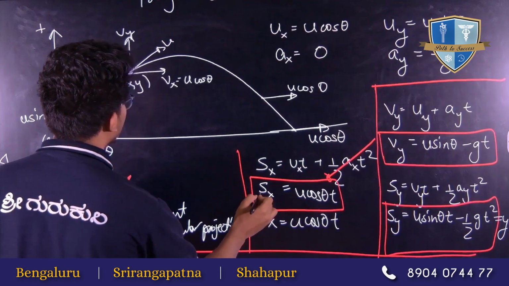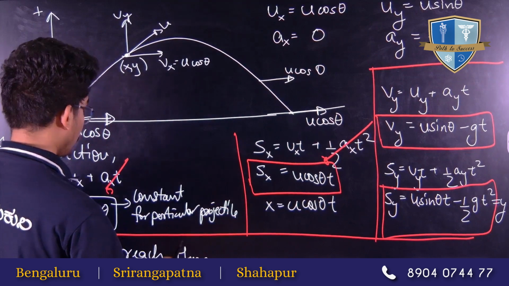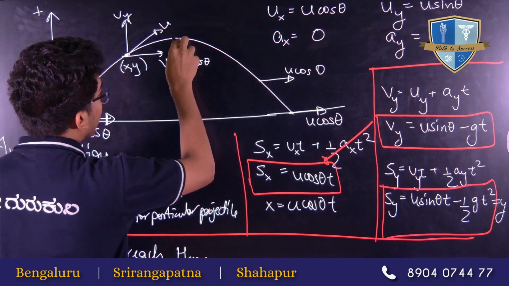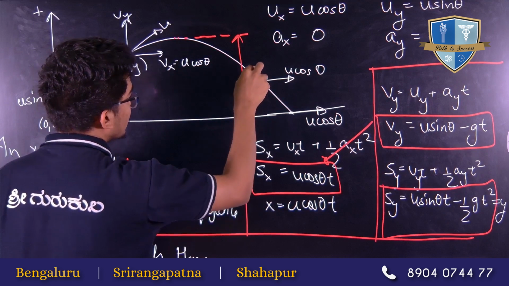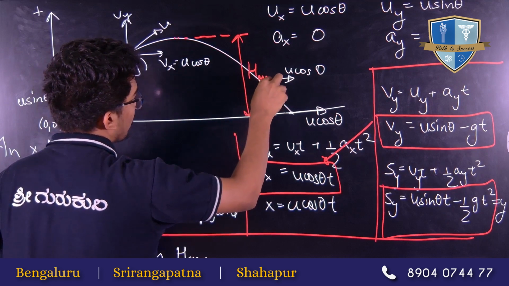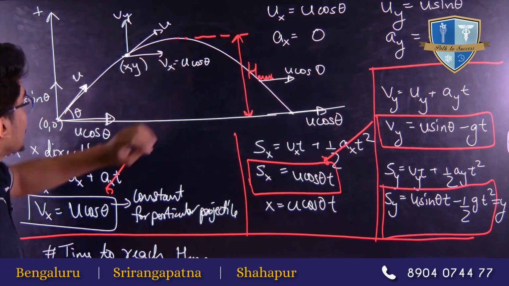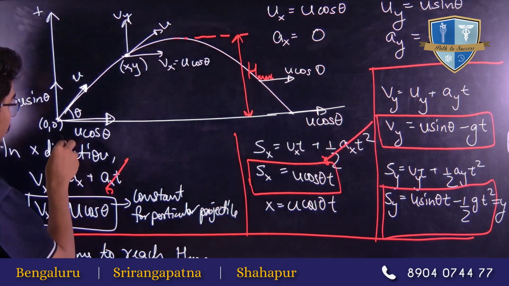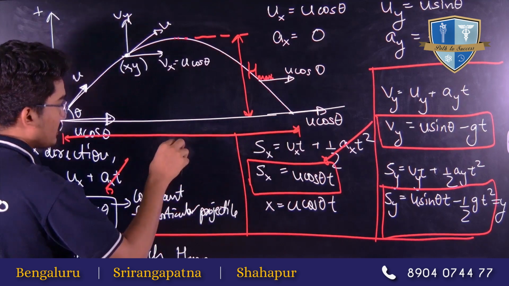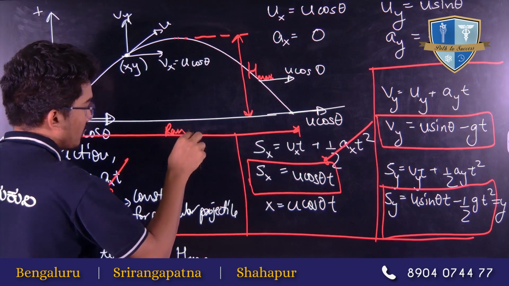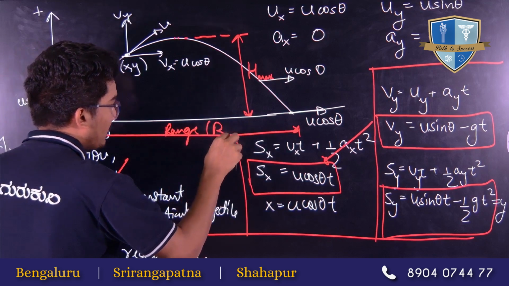If you see our projectile, this is the maximum height it is reaching. So this length is known as H max. And this length, from initial position to final position, is known as range, denoted by capital R.